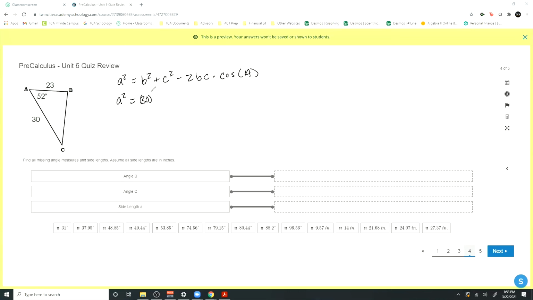So every time I see a B, I'm going to replace it with 30. And C is 23. So every time I see a C, I'll be replacing that with a 23. 30 squared plus 23 squared minus 2 times 30 times 23 times the cosine of angle A, which is 52 degrees.